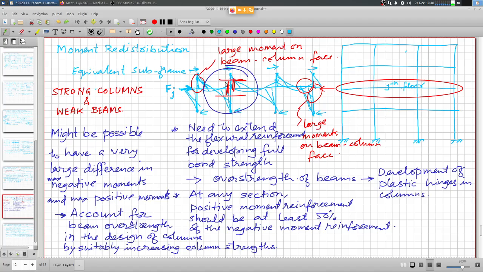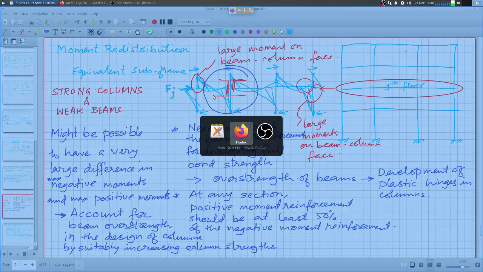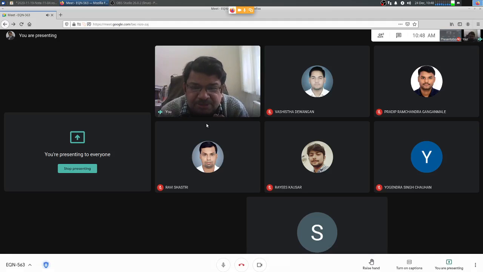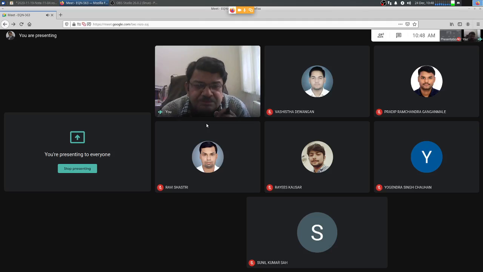So this decrease here and increase here should be complementary in nature, such that the total moment at a particular story level is not altered. This is very, very crucial, and we need to diligently adhere to this redistribution principle, and simple equilibrium always has to be maintained.